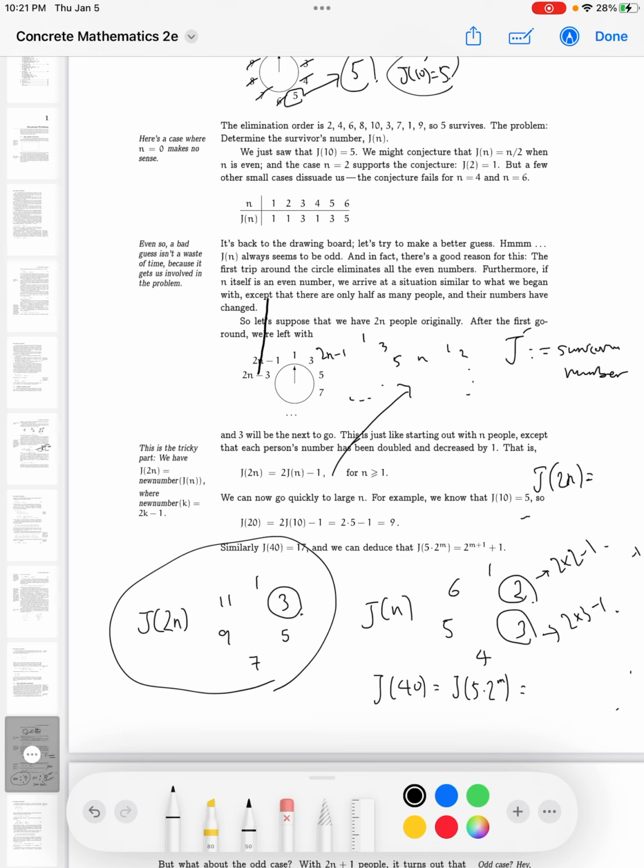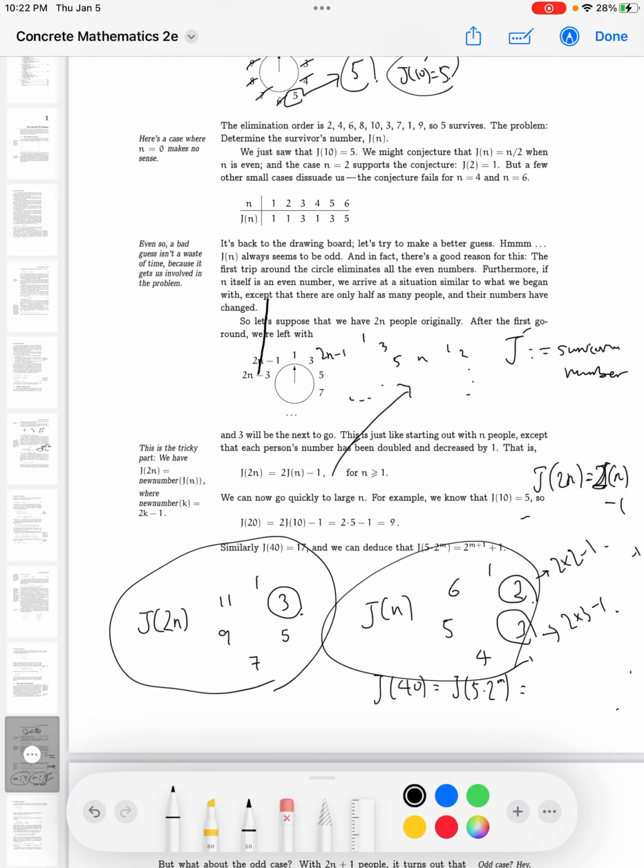So we can generalize and make an equation here, that J2n is equal to 2Jn minus 1, right? This position and this position are going to be the same position as a survivor.